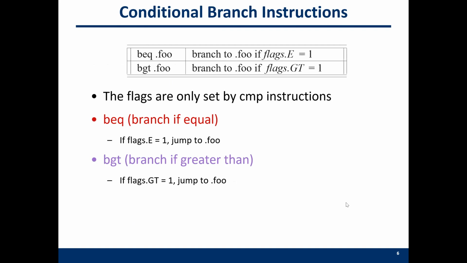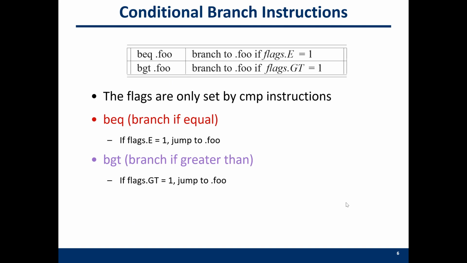So the first sentence is if. Typically these two are before some comparison operation.